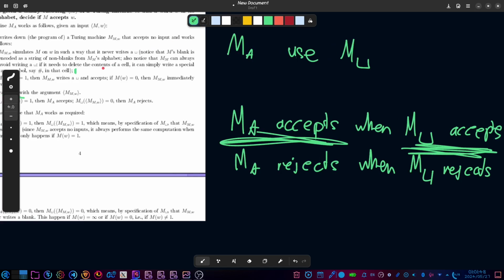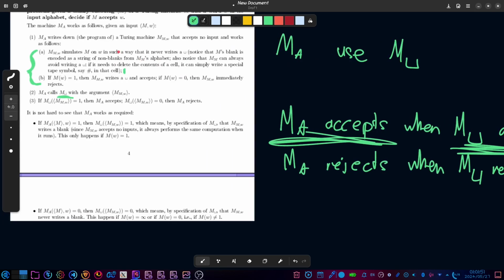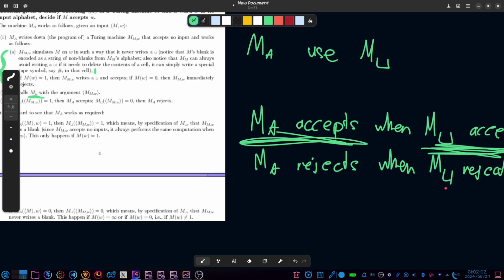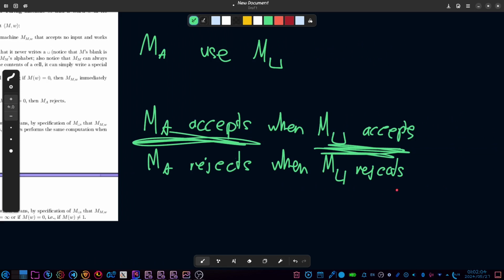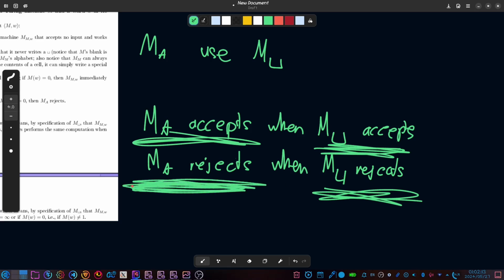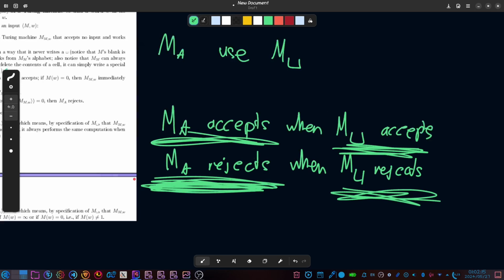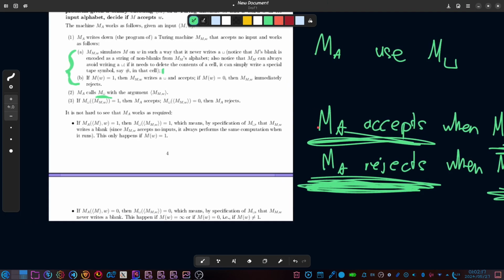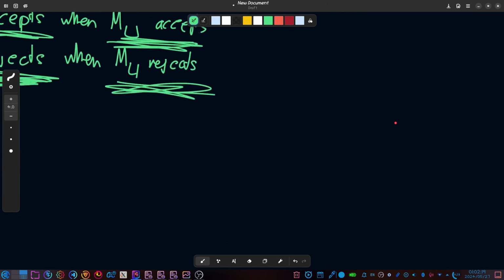And if M rejects W, then it'll never write a blank, period. So M blank is going to reject the Turing machine we created whenever M rejects.